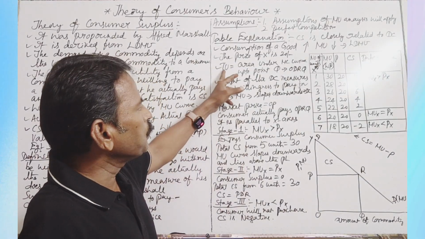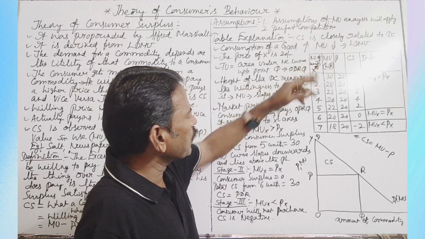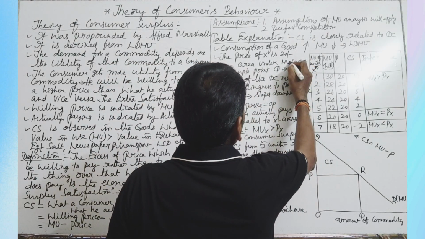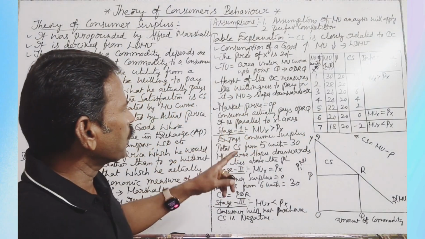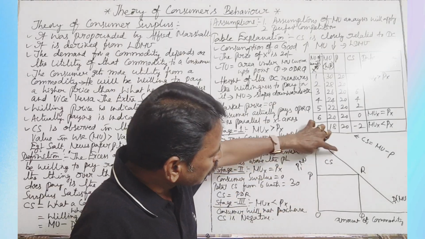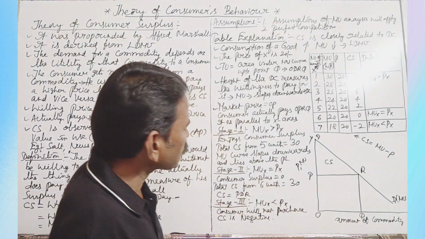Next, TU. The area under the MU curve up to point Q, that is the area under the MU curve up to OQ, is called total utility.